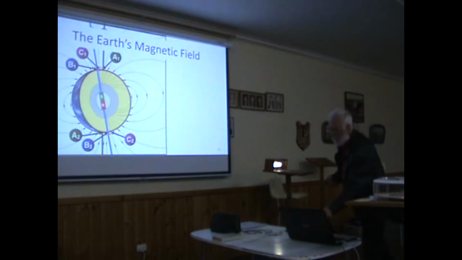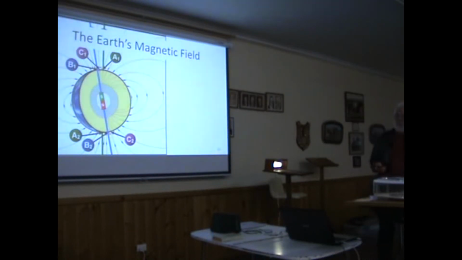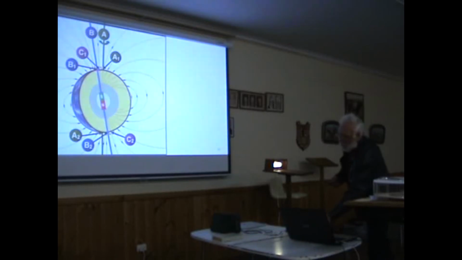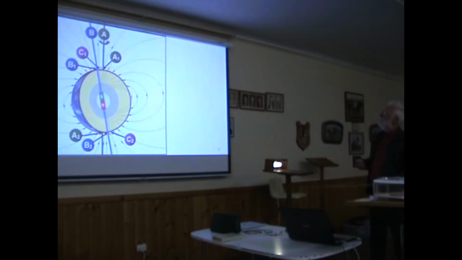So, finally, the Earth's magnetic field. Took a while to get there, but I think we've got enough background now to see how this works. So there's a pictorial view of the Earth's magnetic field, and you've got three axes in this picture. Let's start with the B-axis.